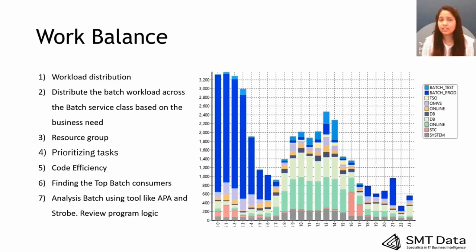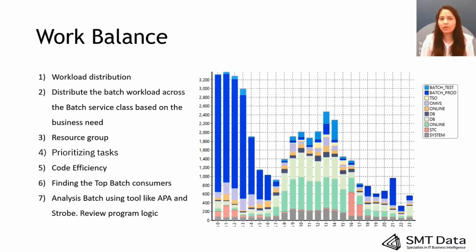That is the first one. The second point is, if you see everything in the dark blue color, and you have something like a batch test service class or batch medium, you can offload some of the workload into another service class, another workload. To balance the work, we have a very good technique called WLM, and we have to make use of that.